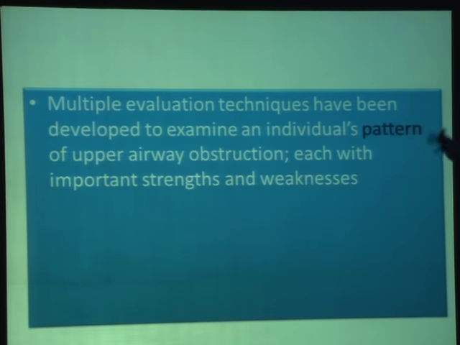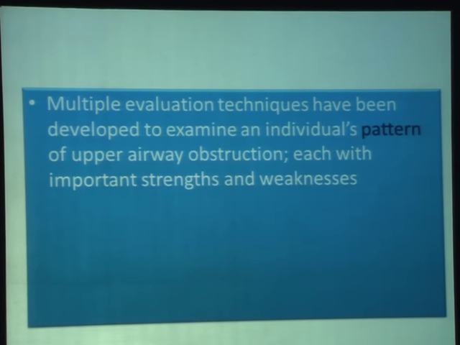So multiple evaluation techniques have developed to examine the individual pattern. Remember the word pattern of airway obstruction, each with its own strengths and weaknesses. We've just seen Vijay come up with beautiful MRI pictures, dynamic cine MRIs.